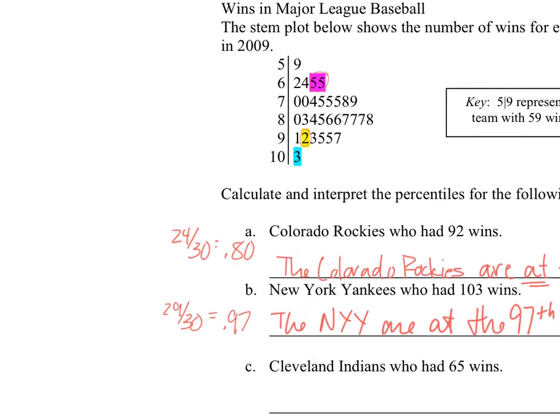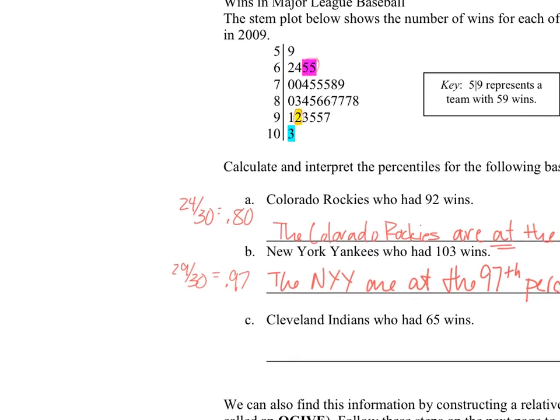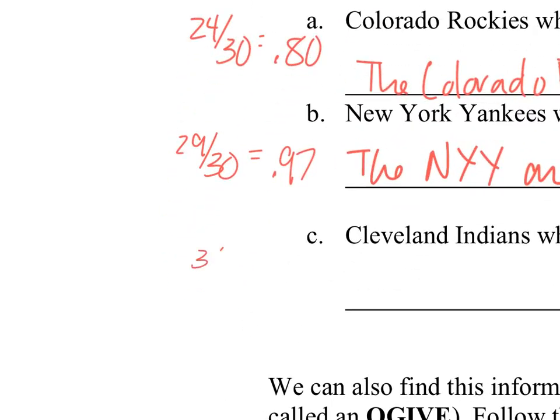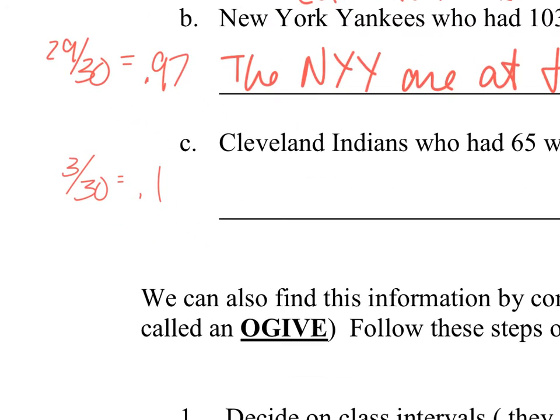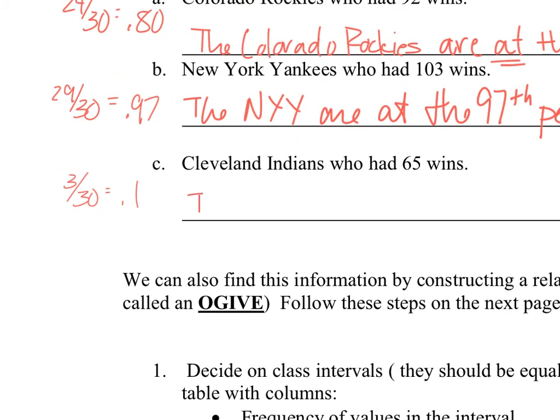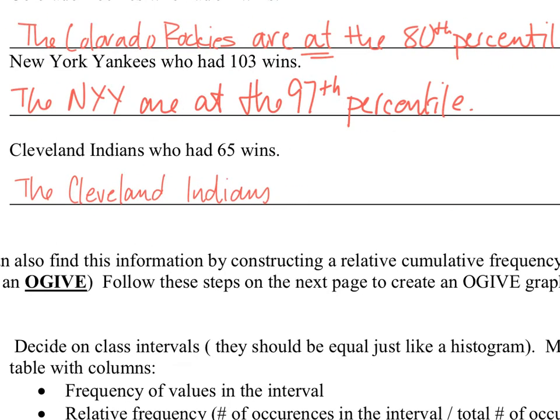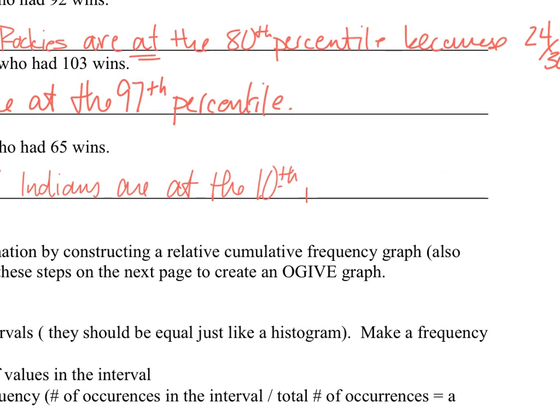Nope, they're on the same playing field, so they both beat 3 teams. 3 out of 30 is 10%. And so both of those teams fell at the 10th percentile. So the Cleveland Indians are at the 10th percentile.